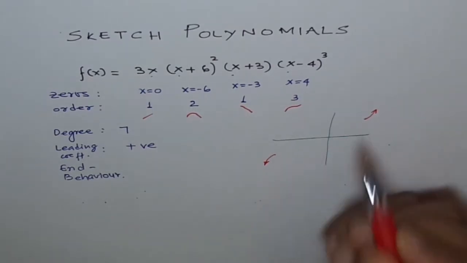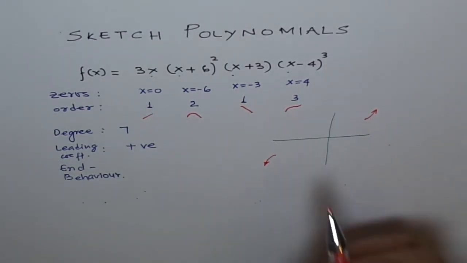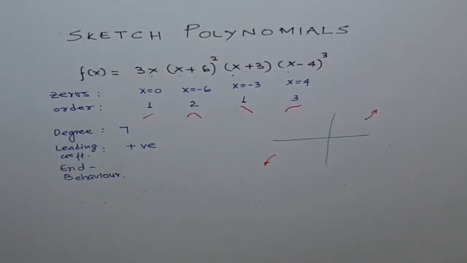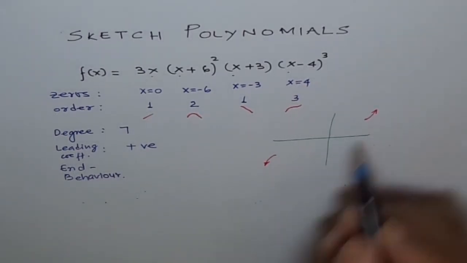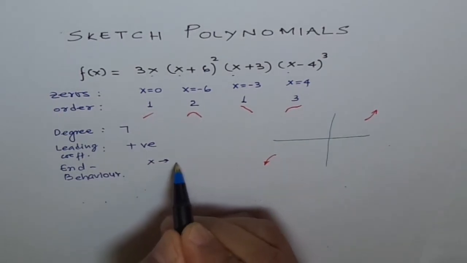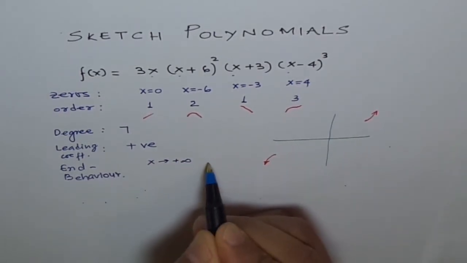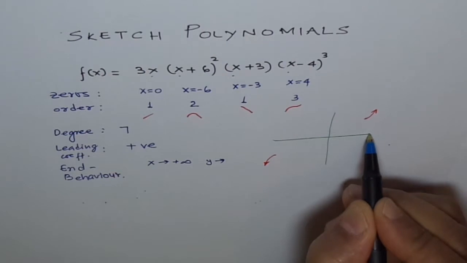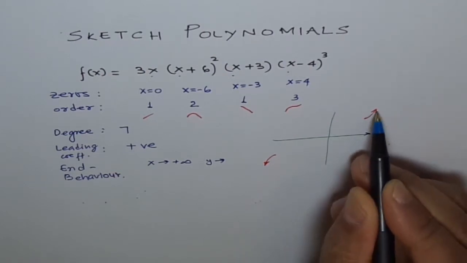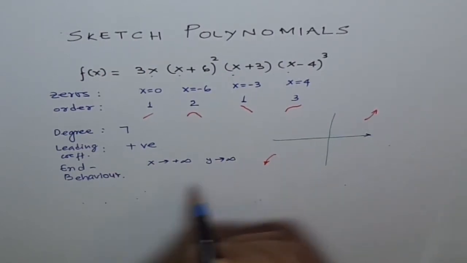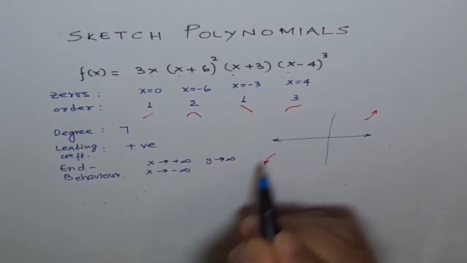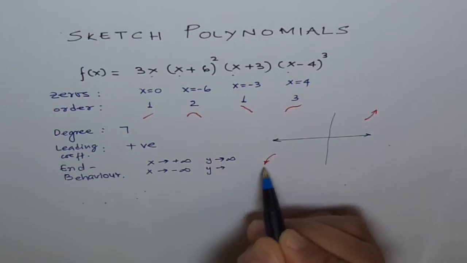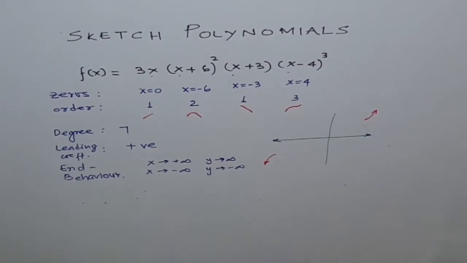So it is from quadrant 3 to 1. This end behavior can be written as: when x approaches positive infinity, y approaches positive infinity. And when x approaches negative infinity, y approaches negative infinity. So that's our end behavior.